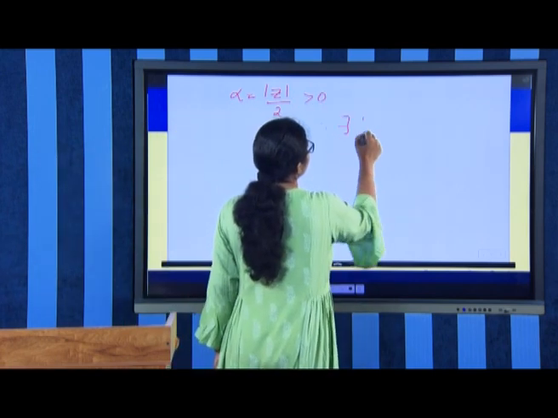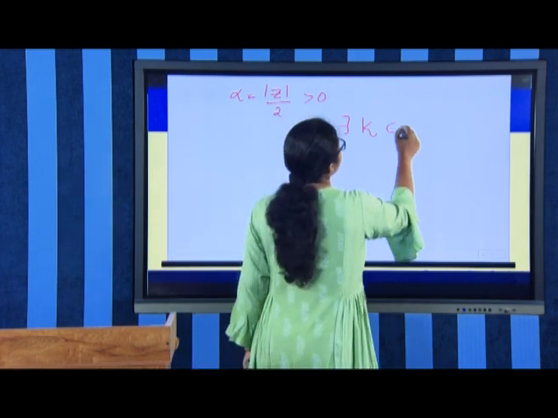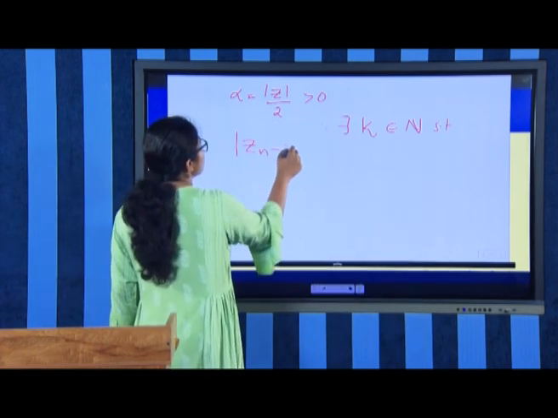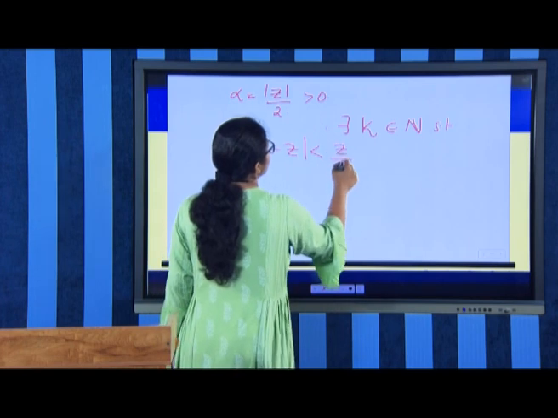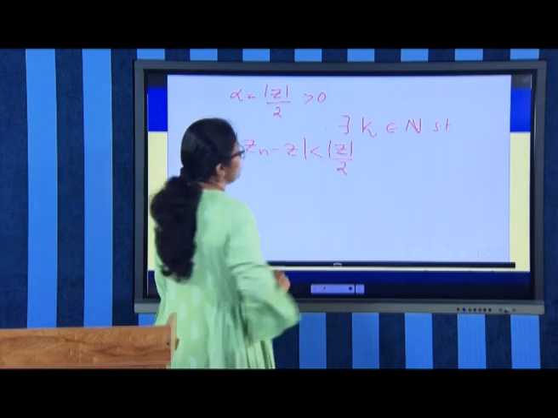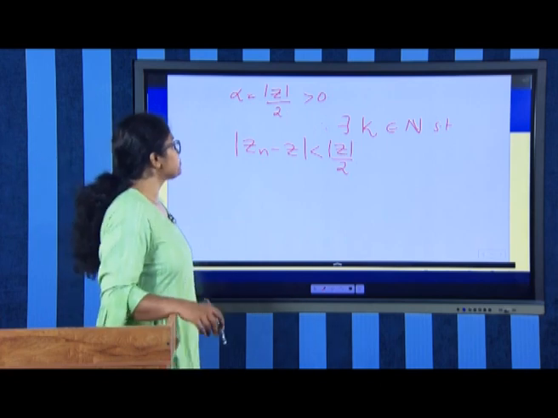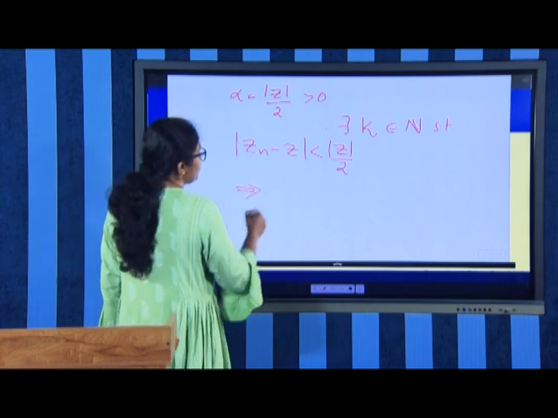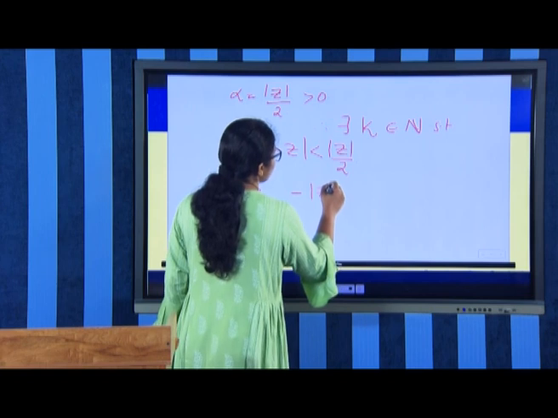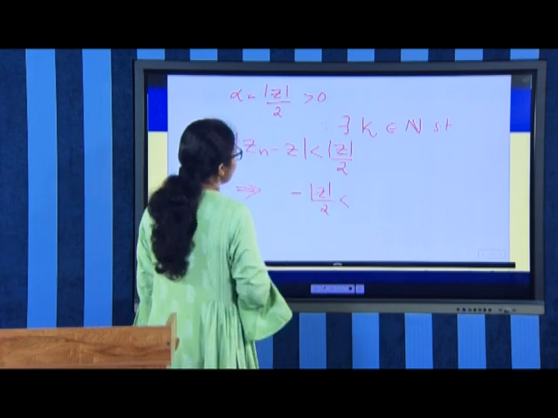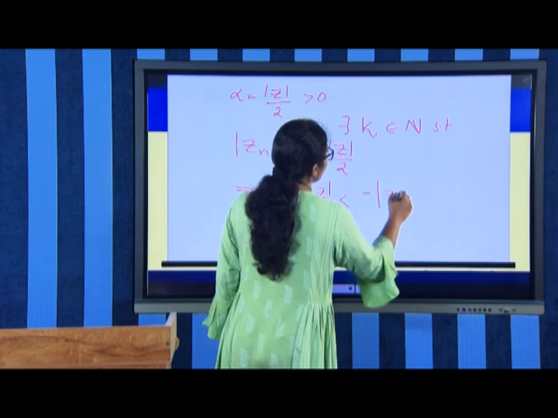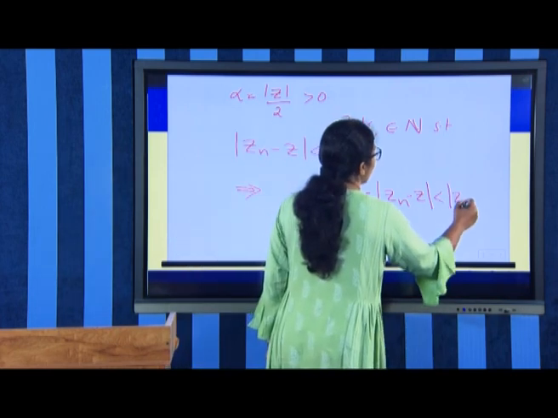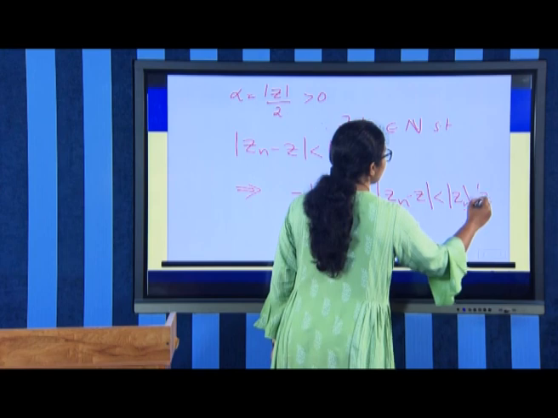Therefore, there exists some natural number k such that modulus of Zn minus Z is less than this alpha. Instead of epsilon, we are taking alpha to be mod Z by 2. Now, this indicates that negative mod Z by 2 is less than negative of modulus of Zn minus Z, which can be made less than mod Zn minus mod Z. This we have already studied.